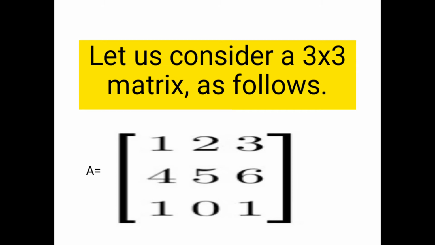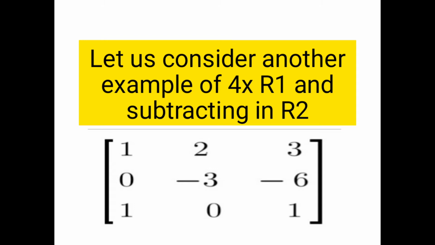Multiplying the elements of R1 by minus 4 and adding to the corresponding elements of R2, what do we get? Minus 4 into 1 plus 4, that becomes 0. Minus 4 into 2, minus 8 plus 5, becomes minus 3. Minus 4 into 3, minus 12 plus 6, becomes minus 6.